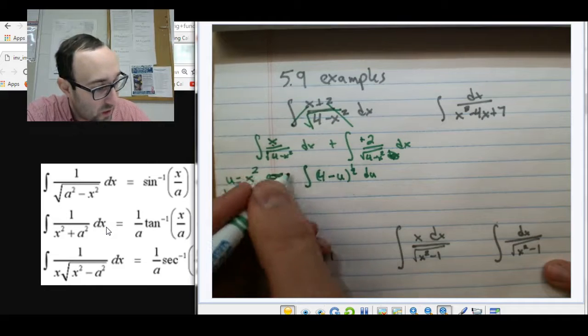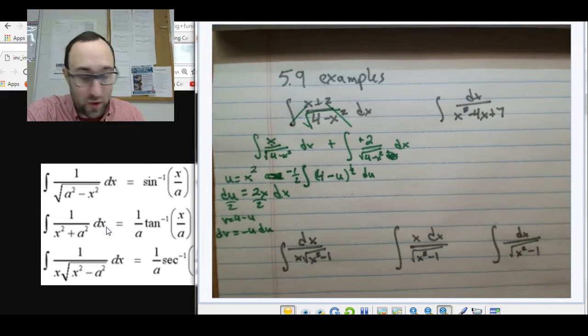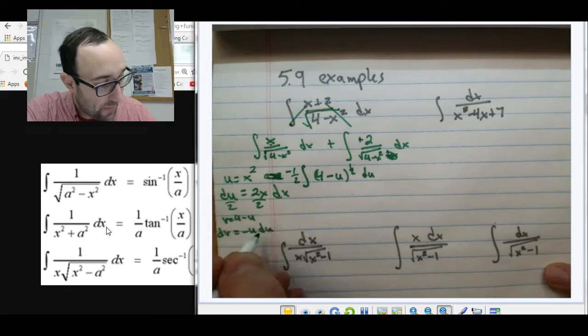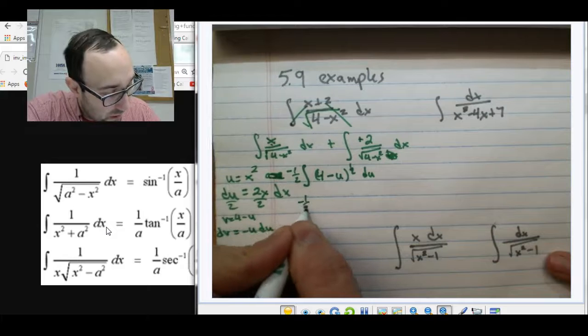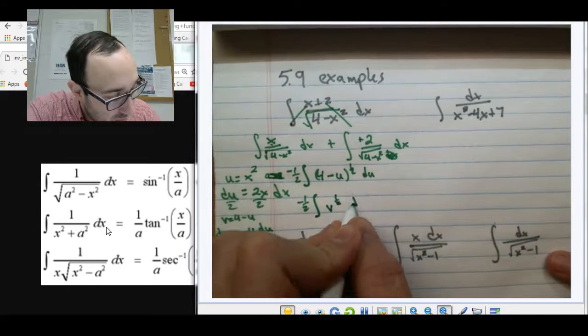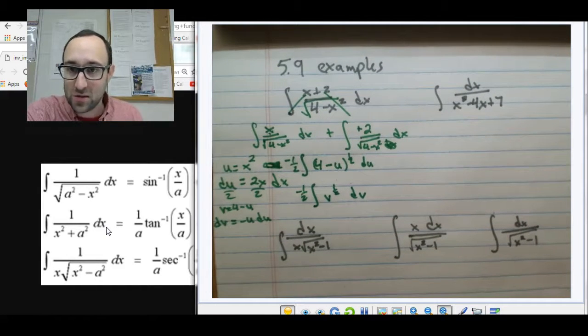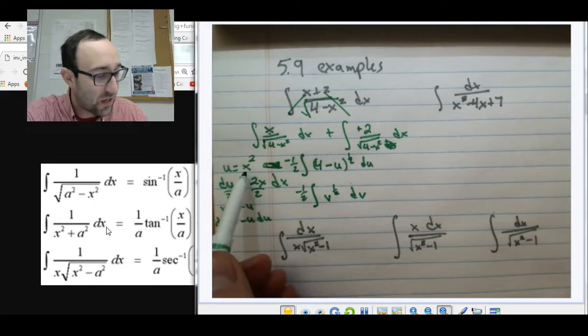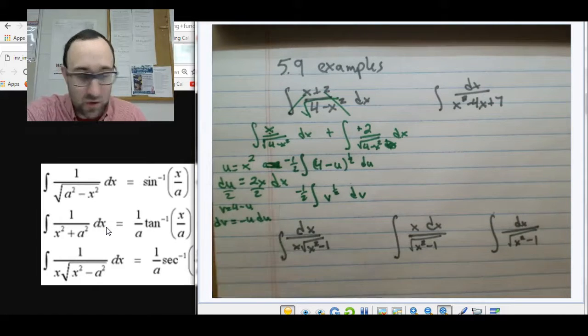So if I put that 1/2 and a negative out in front, now we're pretty much all set, because now we have negative 1/2 integral of v to the 1/2 dv. I know it's kind of weird to say v, but I just did a double substitution. Does that mean there's a problem? No. Could I also have made this a negative and maybe cleared some things up? Sure, but I'm just trying to show you that we can do substitution again and again.